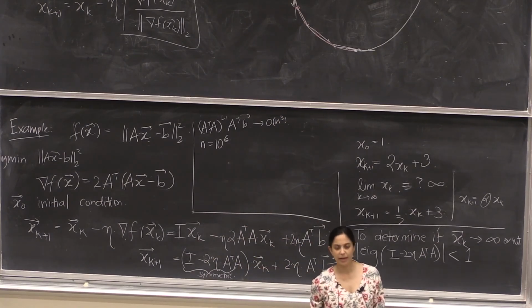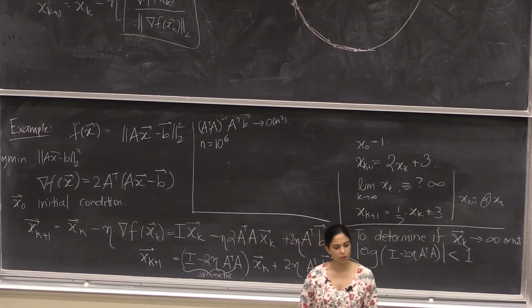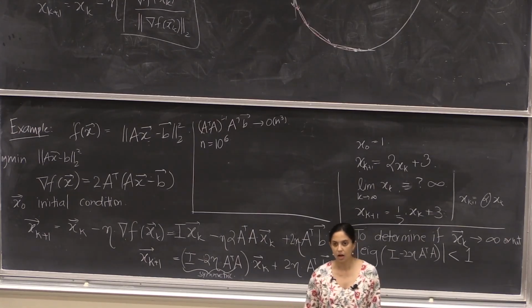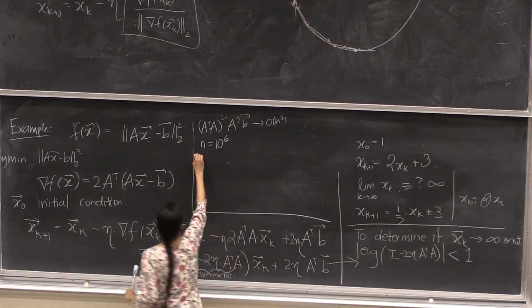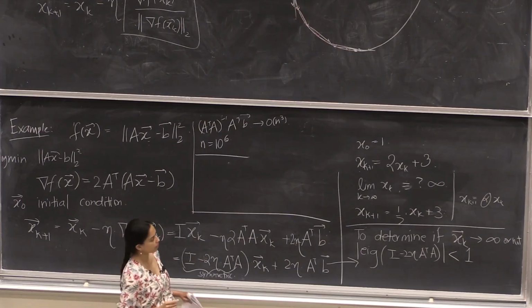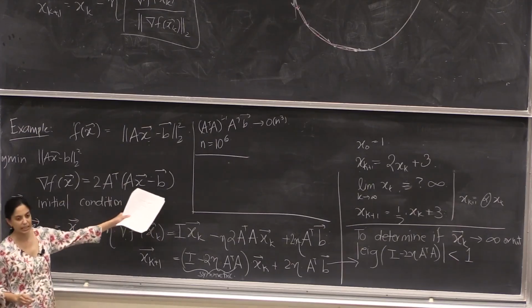And then on top of that, I have to do the matrix multiply, which is relatively small. It's an n squared operation. But now, computing this gradient, what is the gradient that I have to compute? My gradient of f of x is this thing.